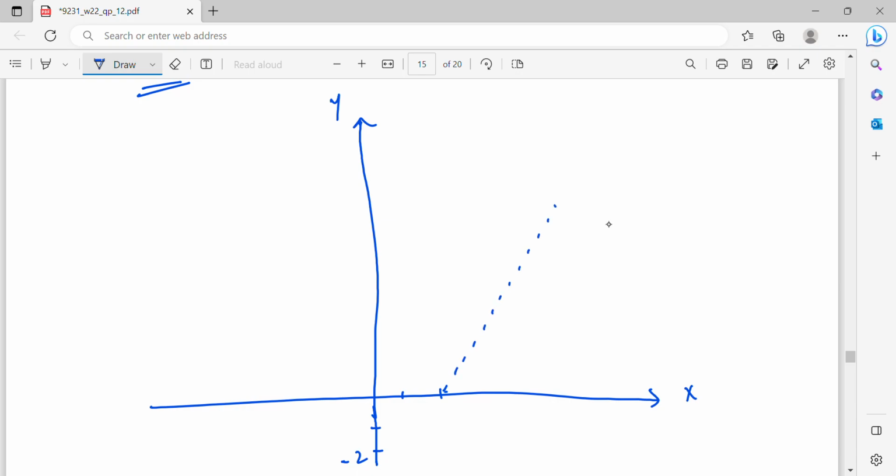So I'm going to flip my graph. This is 2. Here is 1. So here is 0. We'll flip it. And there's one asymptote here, minus 1. So here is going to be flipped up.